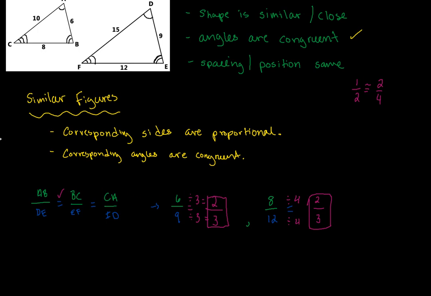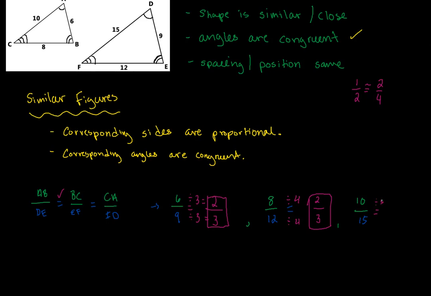Now let's check with CA and FD. The length of CA was 10, and the length of FD was 15. And if we simplify that, we know that 10 and 15 are both divisible by 5.